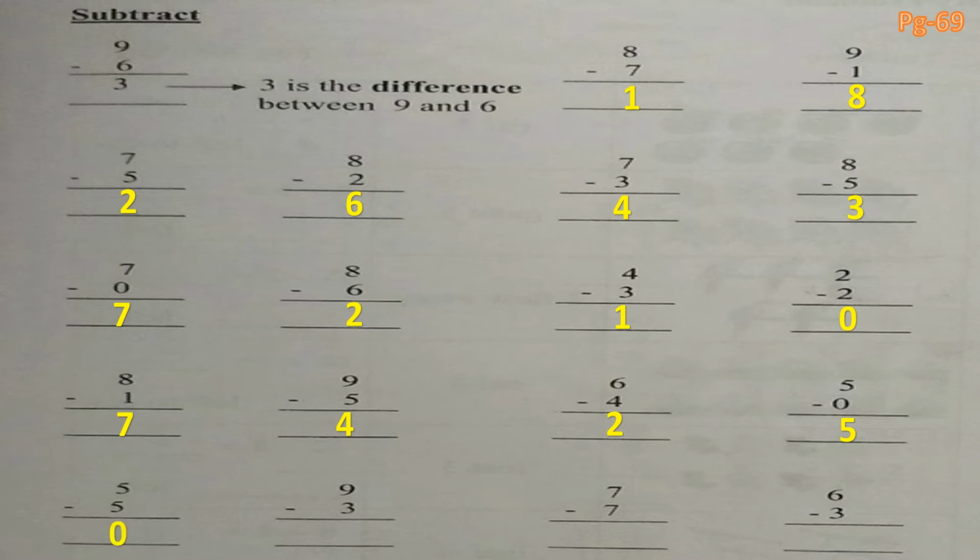Correct, it is 0. 9 minus 3? It is 6. Correct. 7 minus 7 will be, yes, 0. 6 minus 3 is, correct, it is 3. Did you all complete this page children?